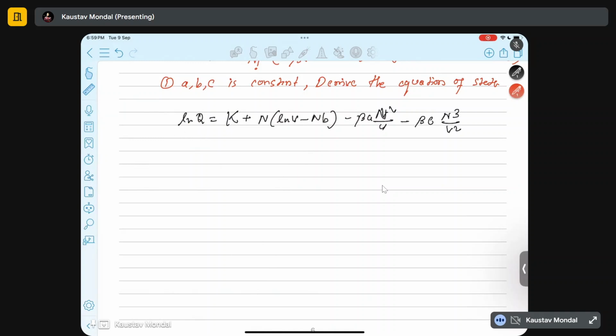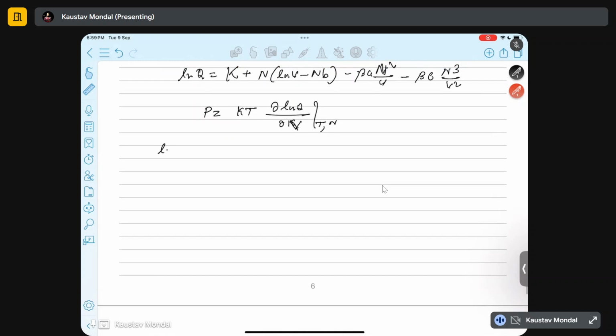We will do the derivative, because the pressure expression is P equal to kT del ln Q by del V at constant temperature and number of particles. You already know ln Q, just substitute here.